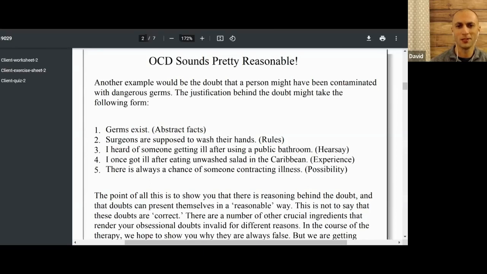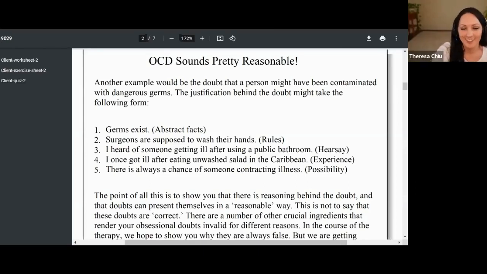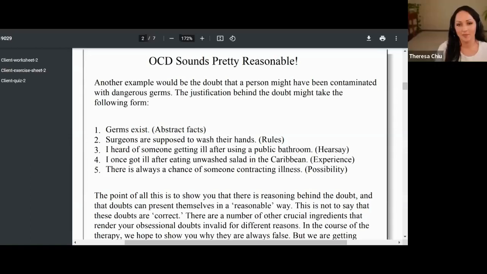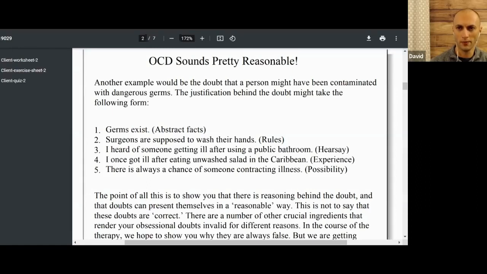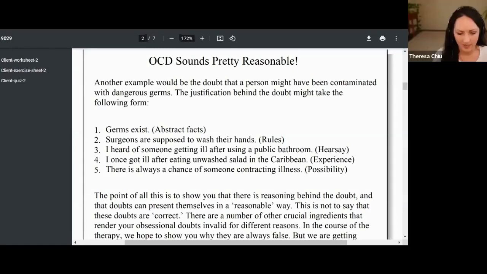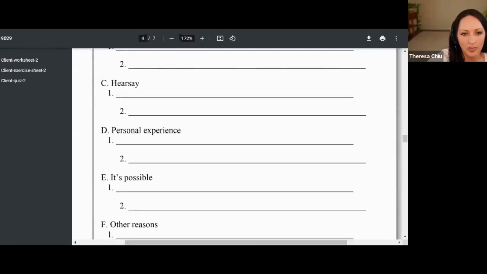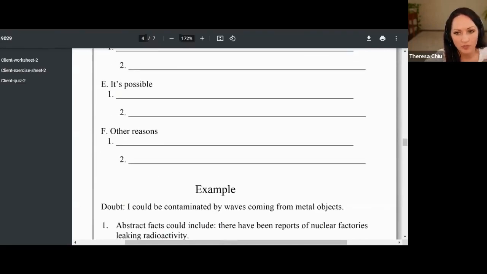All kinds of weird stuff that people go to the ER for. And in today's world, in social media, we have access to all these stories all the time. So the hearsay can be really powerful for a lot of people in their obsessional doubts, right? They could just do a YouTube dive of all kinds of different videos of stuff.